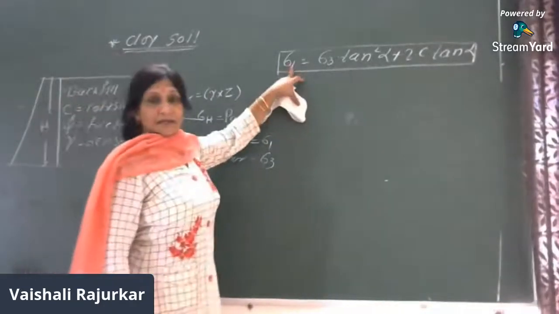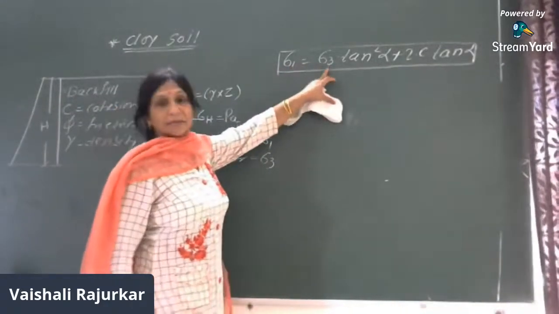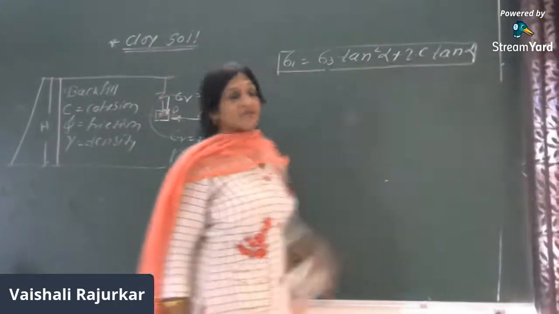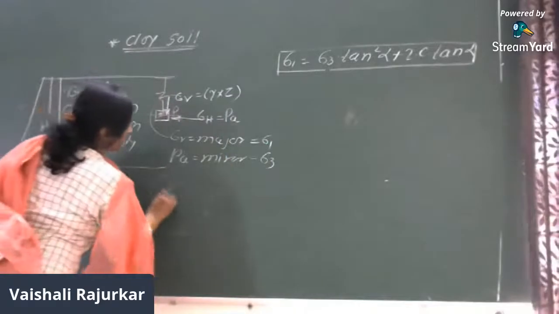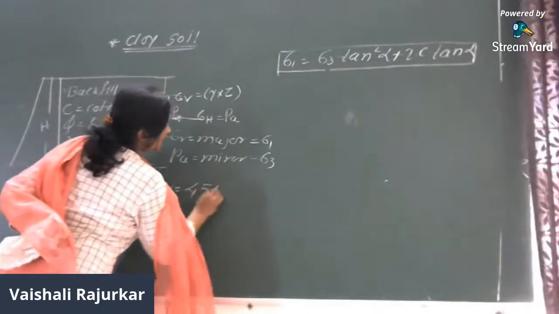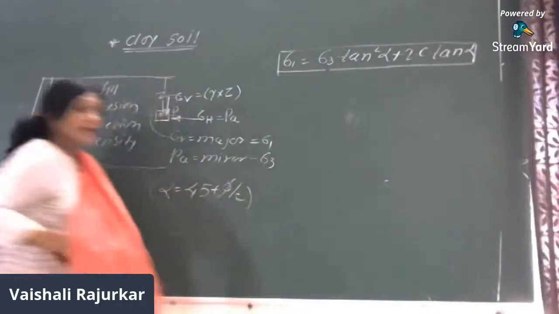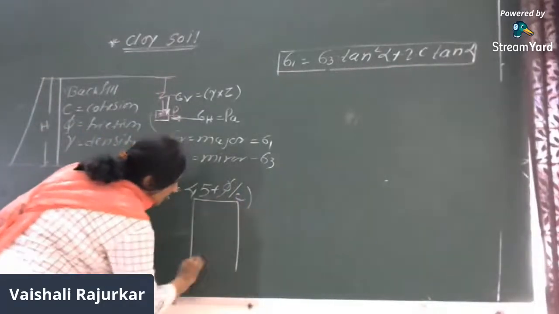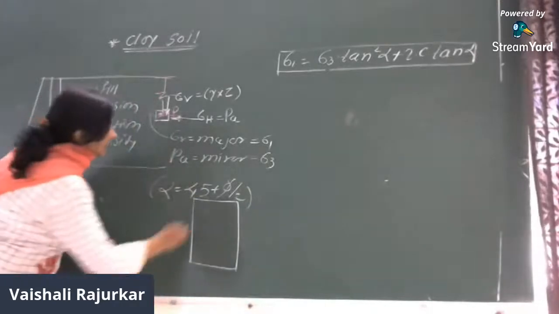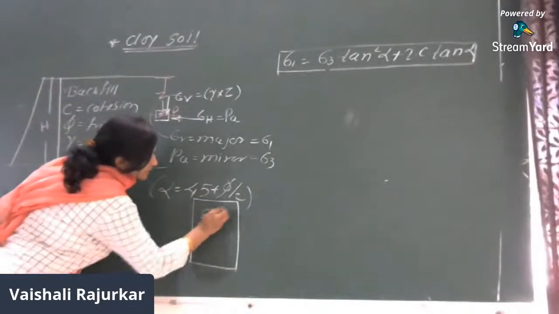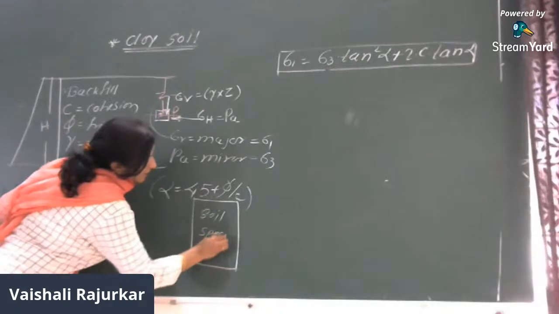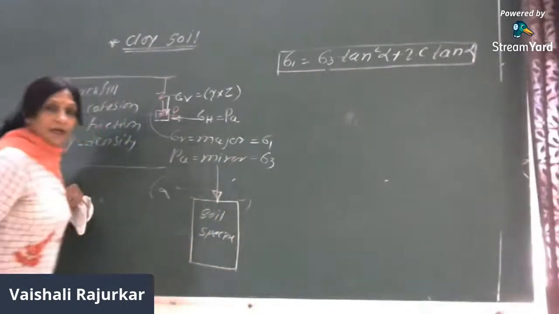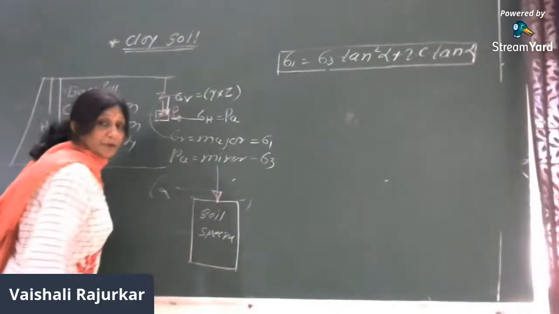Now what is sigma 1? Sigma 1 is the major principal stress, sigma 3 is the minor principal stress, c is cohesion, and alpha is equal to 45 plus phi by 2, and that is the angle made by the failure plane. Suppose this is a soil specimen, and here we apply a load on it up to its failure.